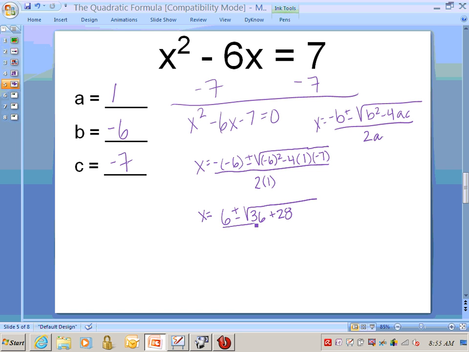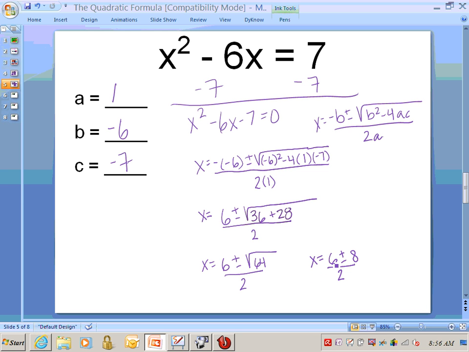All over 2. So I've got x equals 6 plus or minus the square root of 64, all over 2. And then x equals 6 plus or minus, not square root of 8, 8. Once you find the square root, you got to lose the sign, right? Okay, so all over 2.